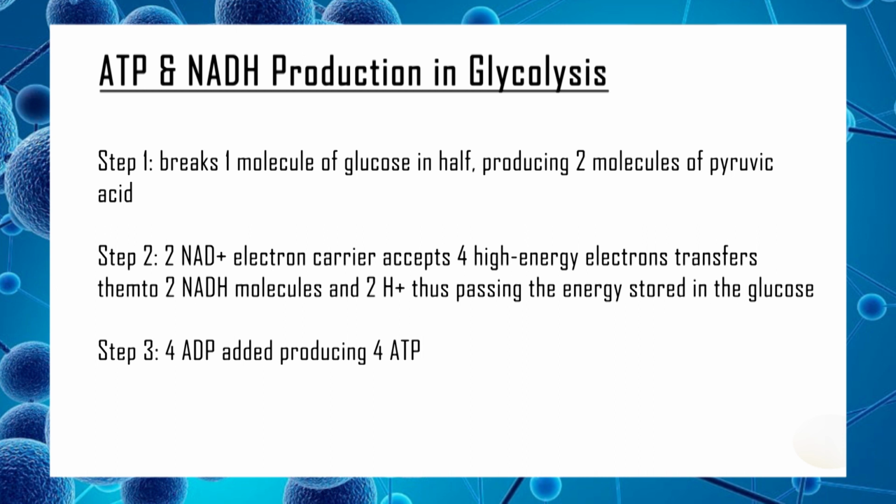In step 2, 2 NAD plus electron carriers accept 4 high energy electrons and transfer them to 2 NADH molecules and 2 hydrogen ions, thus passing on the energy stored in the glucose. Step 3, 4 ADP are added, producing 4 ATP.